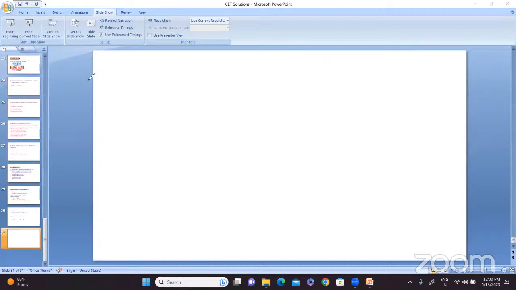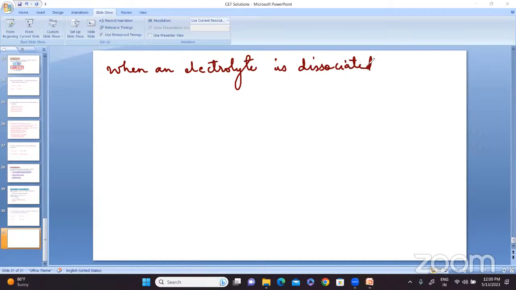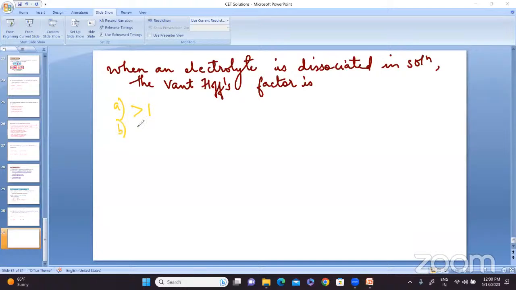When an electrolyte is dissociated in solution, the Van 't Hoff factor is: A, greater than 1; B, less than 1; C, 0; D, equal to 1.